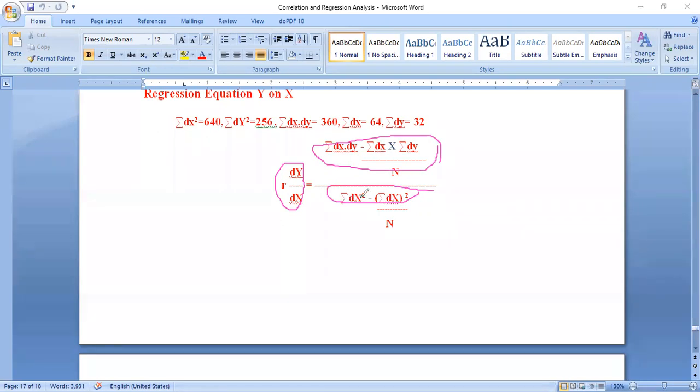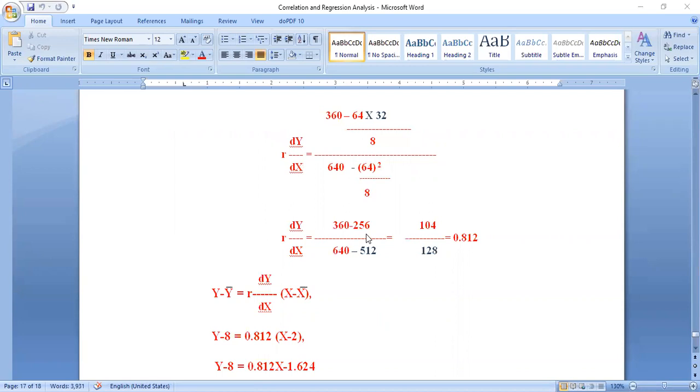Instead of sigma dx square minus sigma dx whole square by n, which we wrote in the previous one, here we write sigma dy square minus sigma dy whole square by n. This is a small change in the formula.